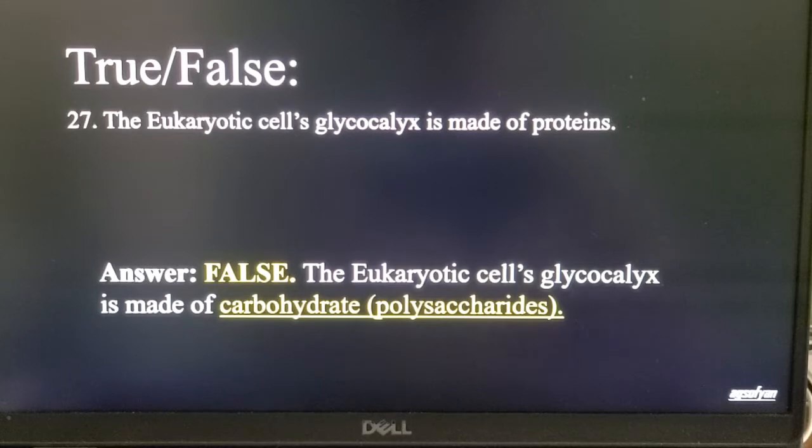Glyco means sugar or carbohydrates. So this structure is made of carbohydrate, made of polysaccharide. Saccharide means glucose or sugar. Glyco means sugar. Glucose means sugar. That's telling you. The name is sometimes telling you what the structure is made of.